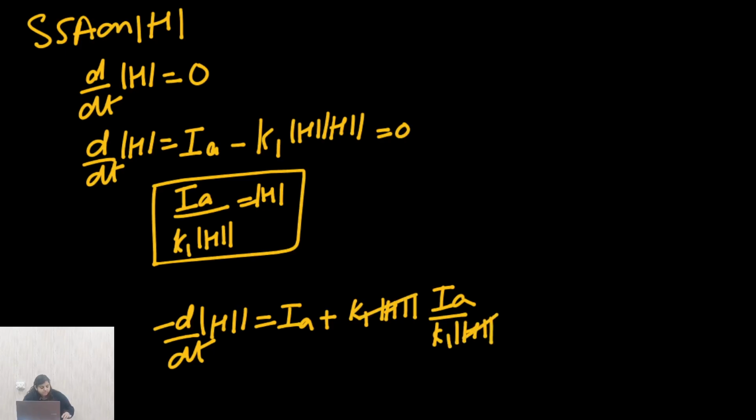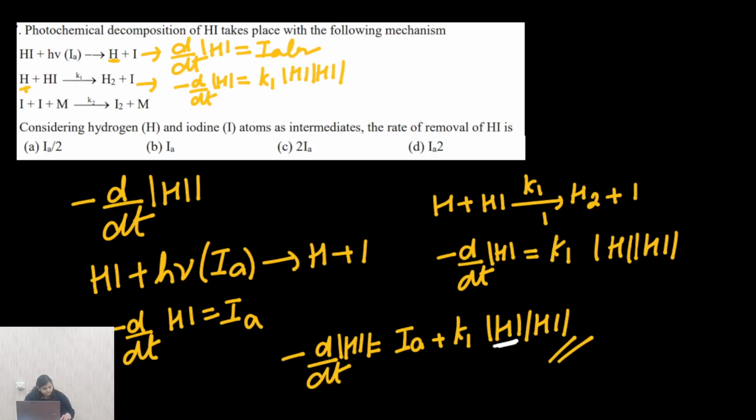So this and this get cancelled out. It becomes IA plus IA, that is equal to 2 times IA. So this is going to be the rate of removal of HI, which implies option C becomes the correct answer.